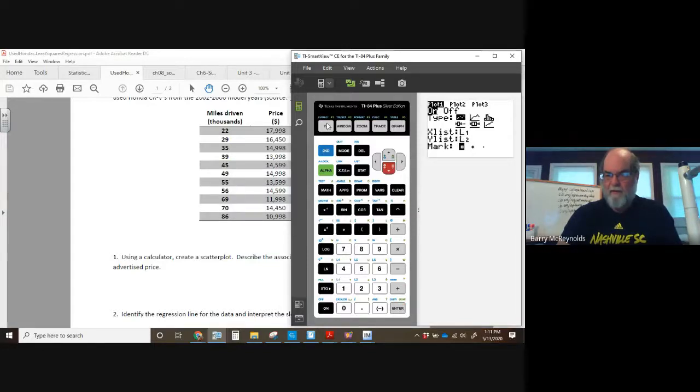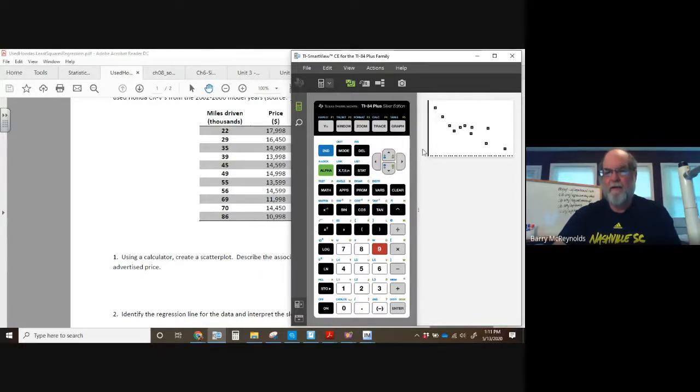We want to do a scatter plot where X is the explanatory variable and Y is the response, because the price is based on the miles driven. And so when we hit graph, let me do zoom 9 just to make sure we've got everything. And so we can see the data.